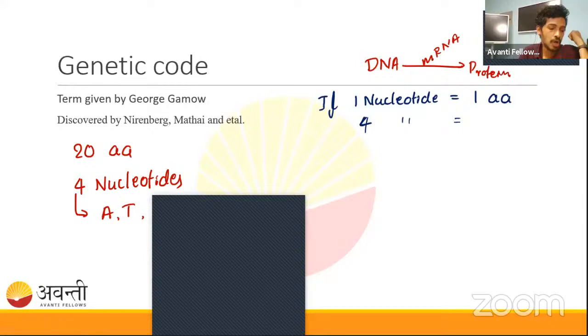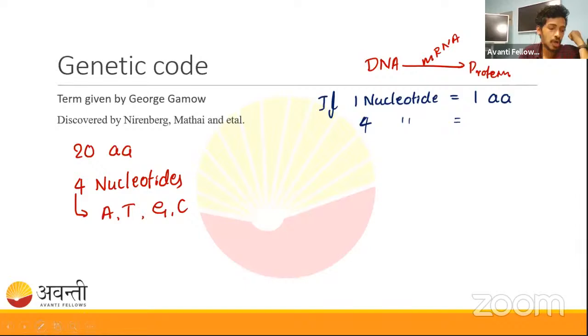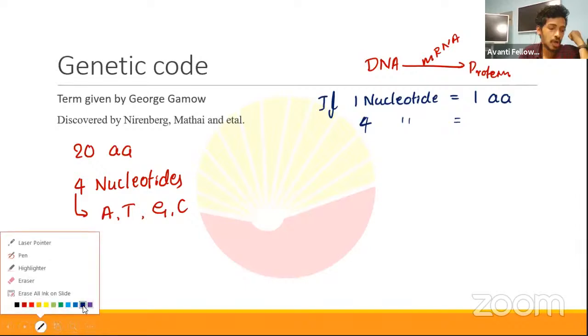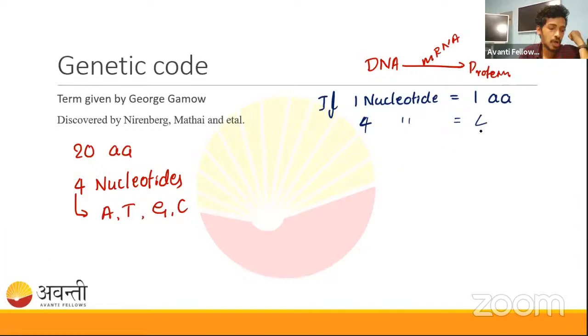Obviously 4 amino acids. Understood what I am telling? So first he considered one nucleotide as one amino acid, so 4 nucleotides, 4 amino acids. It fails, because we have 20 amino acids. How will the other 16 be coded?